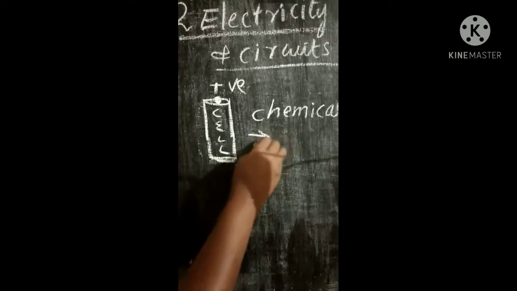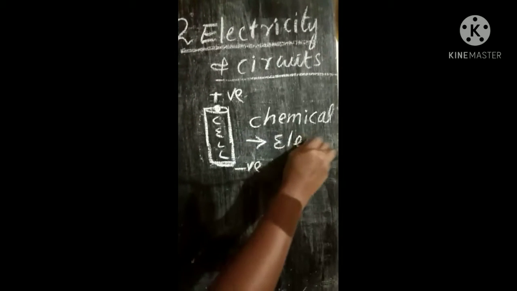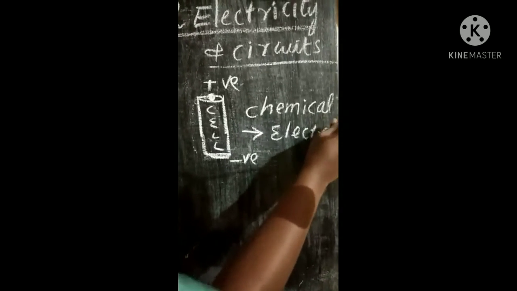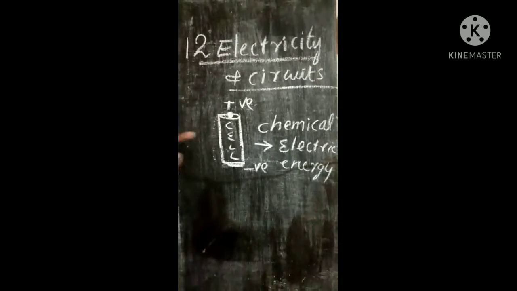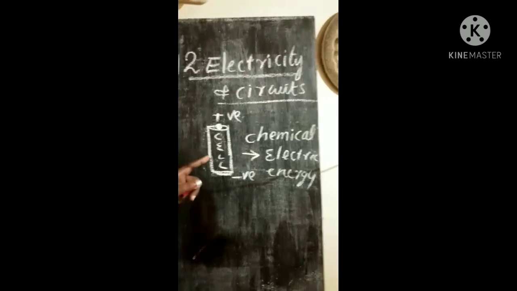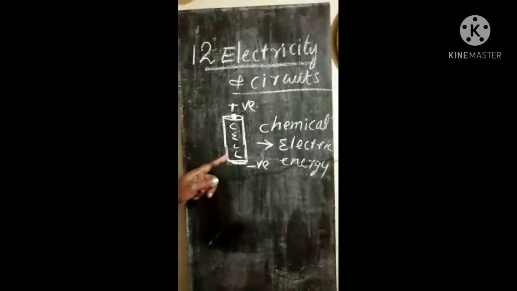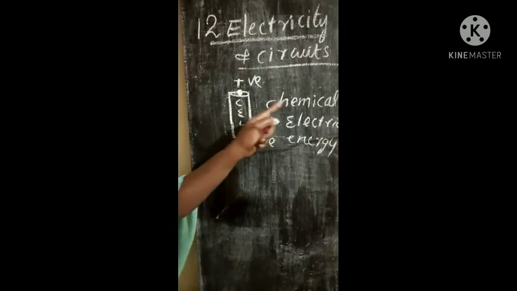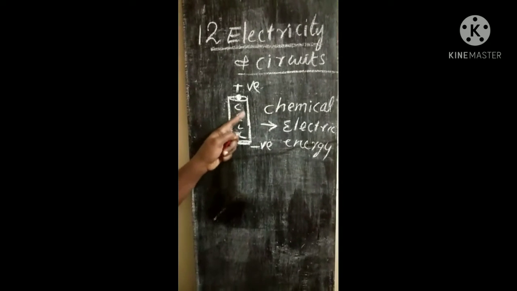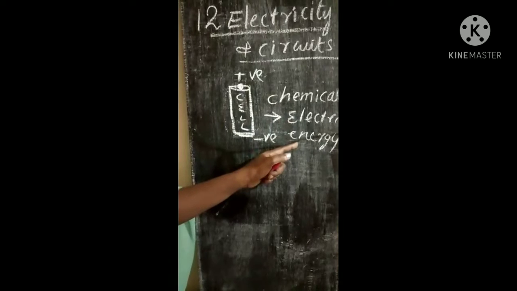That chemical energy can be converted into electric current or electric energy. Clear? When we connect this in a circuit or when we connect this with an electric bulb, what happens is the chemical energy inside the cell starts converting into electric energy.